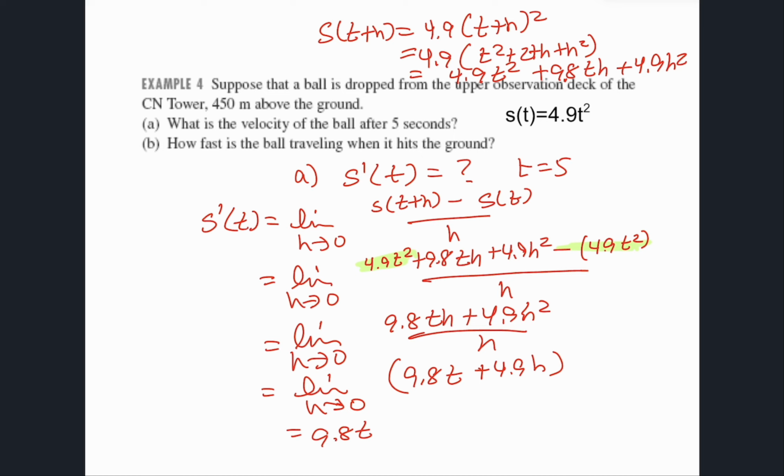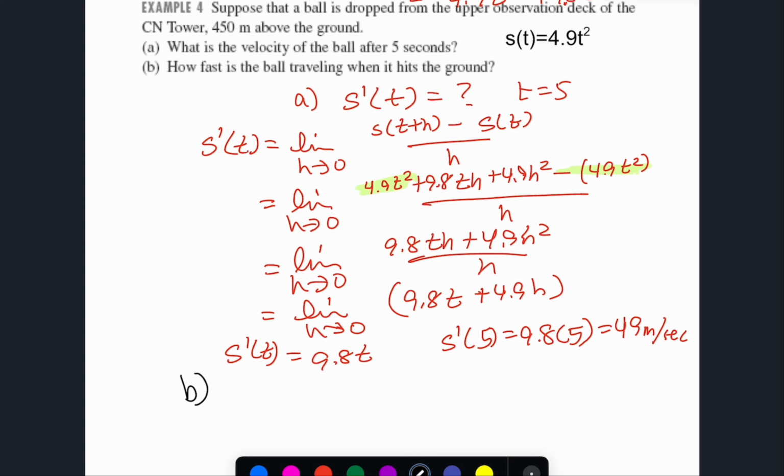So now we have a formula for the derivative, or for the velocity at a particular time. Well, they wanted the velocity at 5 seconds. So the velocity at 5 seconds is the derivative at 5, or 9.8 times 5, which is 49 meters per second.